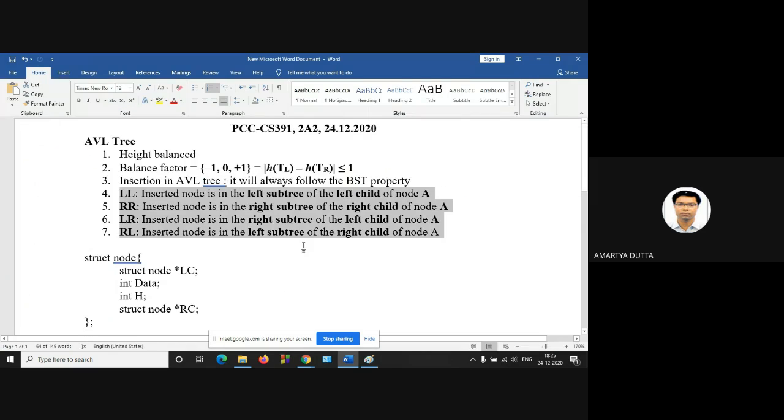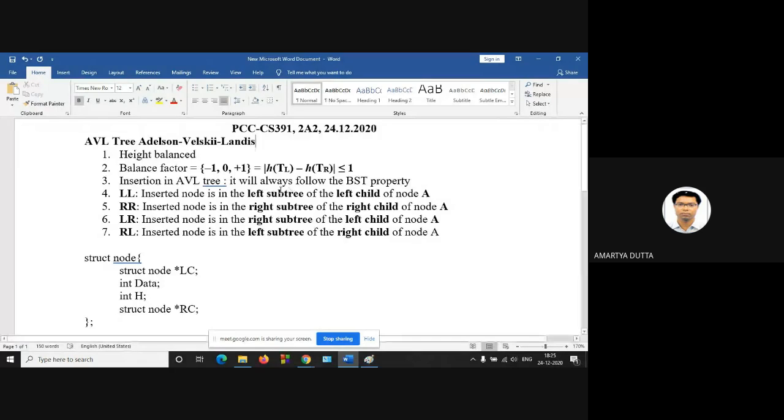Now, the AVL tree was introduced in 1962 by three scientists, and their names are Adelson-Velsky and Landis.